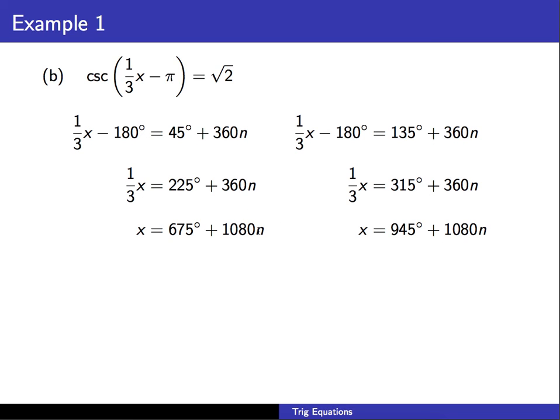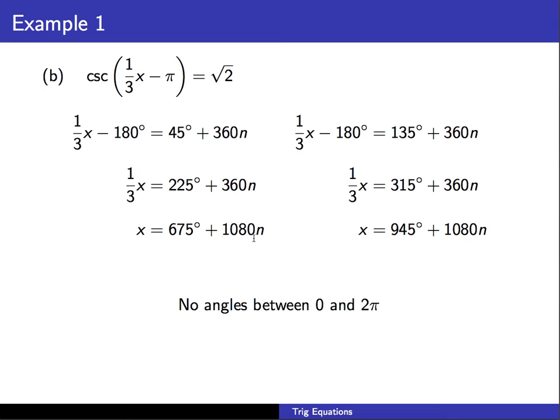Again, this 1080 degrees would be the period of this function if this were in degrees. So again, what we have at the end here, this plus 1080 n, is the period of this function here on the left. So going back to graphs of other trig functions.